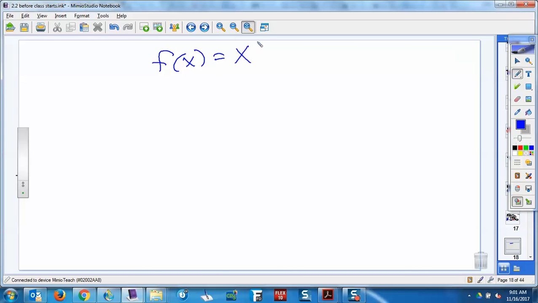Let's just do x to the 4th. Oh, wait. You know what? It's not that much fun. How about we just write down what the derivative is? 4x cubed. See, this is one of those type of books.